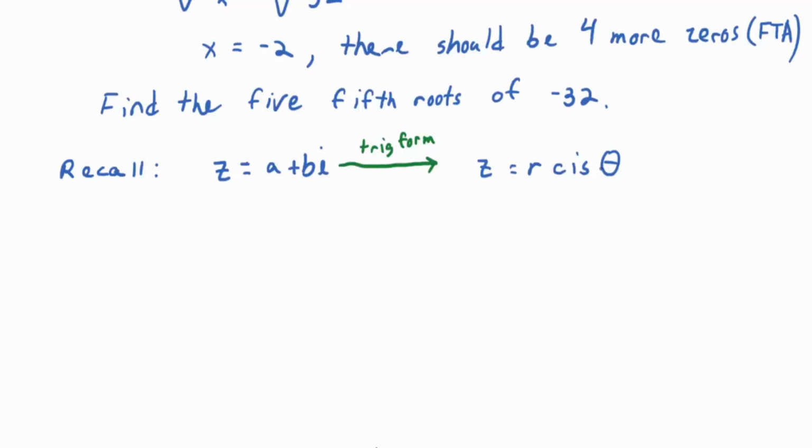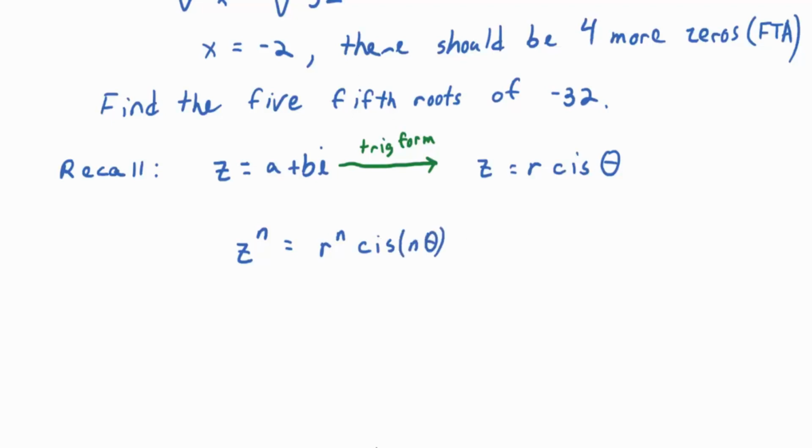Okay. Does anybody remember a theorem that allows us to find the powers of r cis theta very easily when it's in trig form? Yes. R to the n cis n theta. This actually has a name.